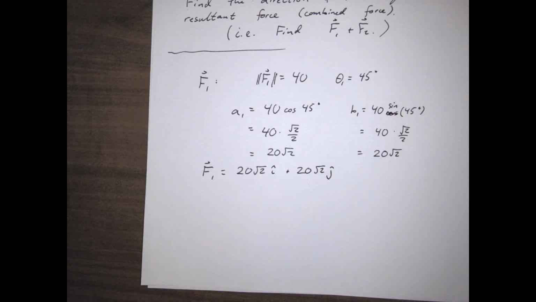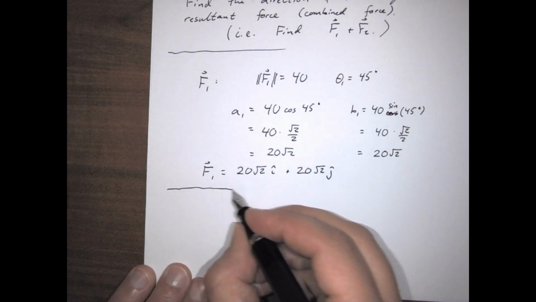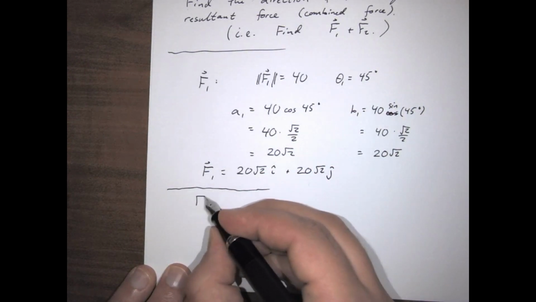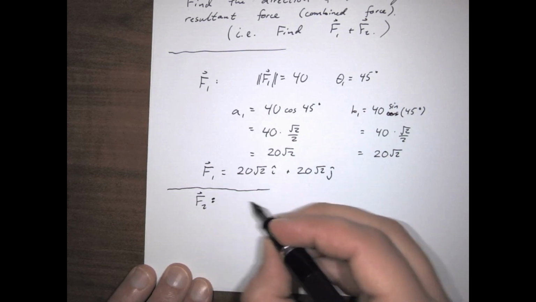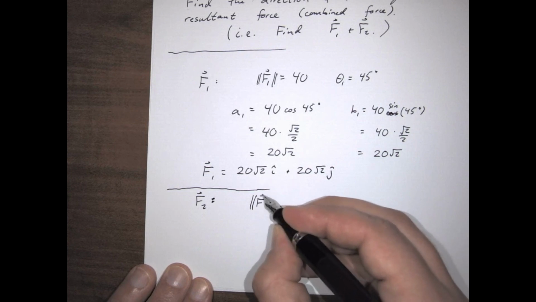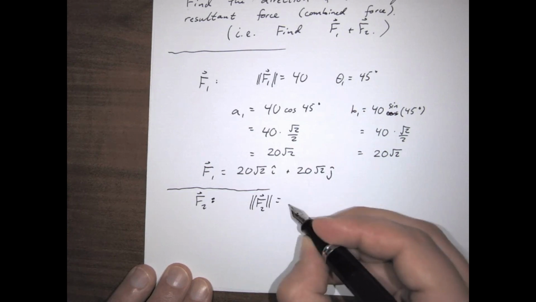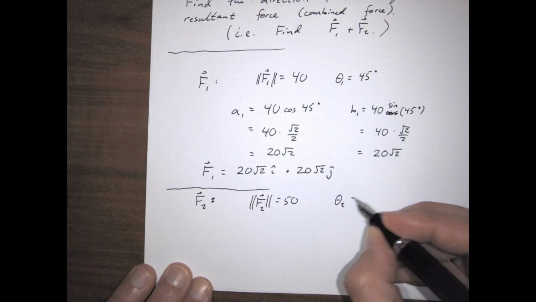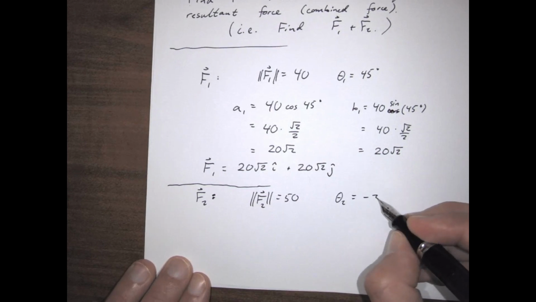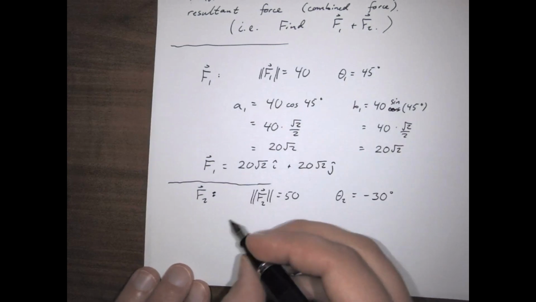Now, F2. So first off, the magnitude of F2 is equal to 50, and the angle is equal to negative 30 in standard position.